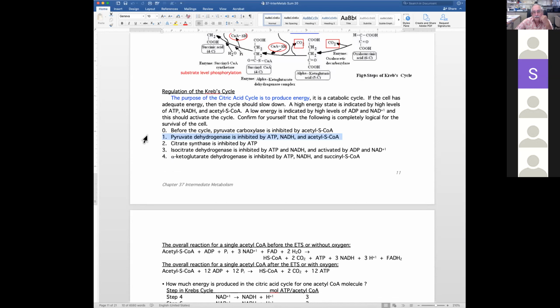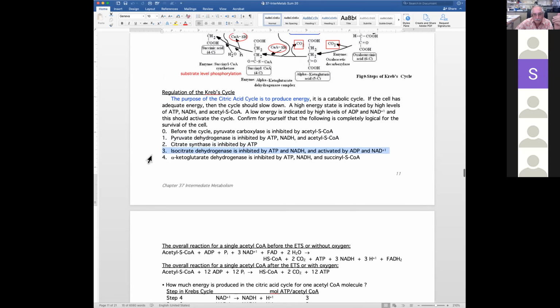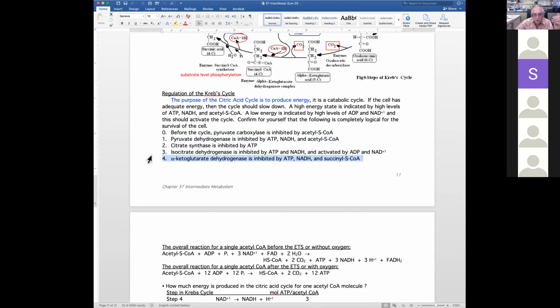Pyruvate dehydrogenase is inhibited by ATP, NADH, and acetyl coenzyme A. Well, all 3 of these things would indicate that there's a lot of energy in the matrix. Why do you need to make more? Same thing here. Same thing here. Same thing here. And this part right here, oh yeah, that would activate it, wouldn't it?